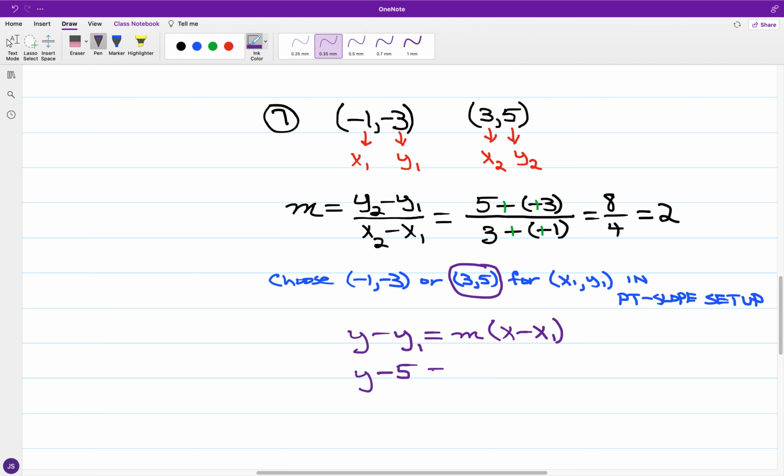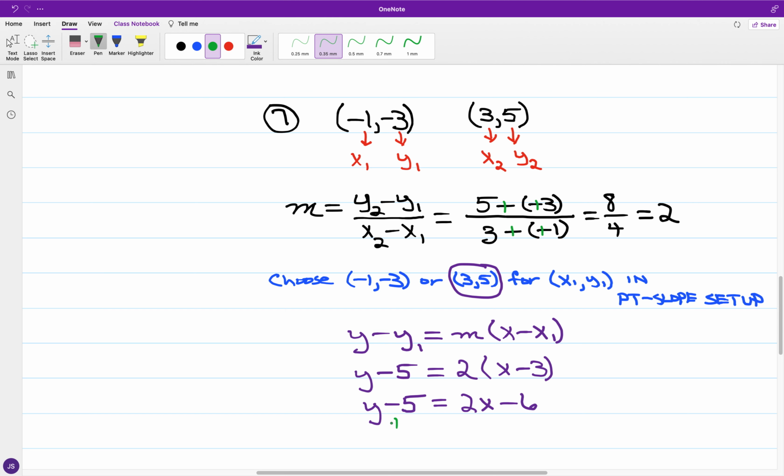So you have y minus 5 equal to the slope m, which we just attained as 2, times the quantity of x minus x1. So x1 is going to be 3. And distributing 2 over the quantity of x minus 3, we get 2x minus 6.